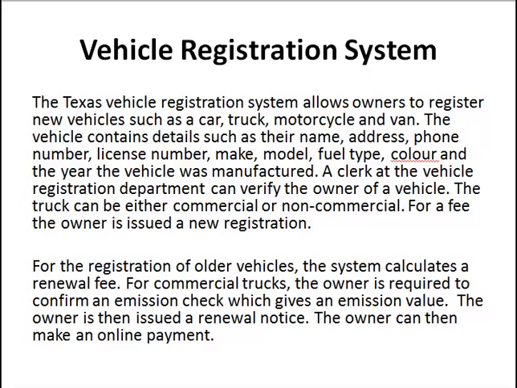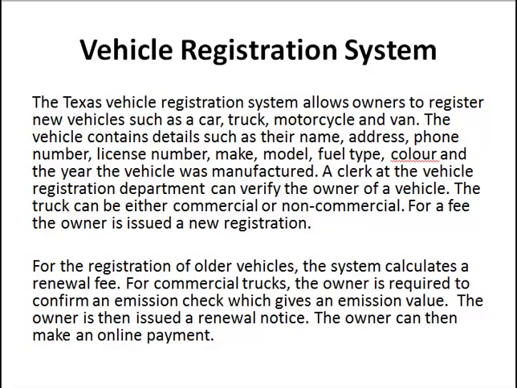For this problem domain, the Texas Vehicle Registration System allows owners to register new vehicles such as car, truck, motorcycle and van. The vehicle contains details such as their name, address, phone number, license number, make, model, fuel type, color, and the year the vehicle was manufactured.